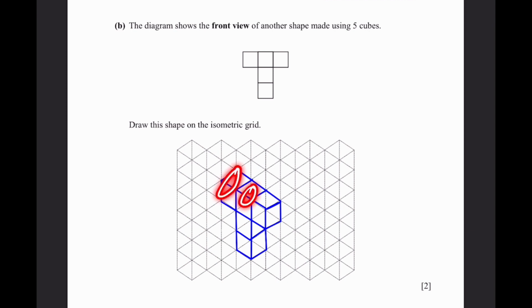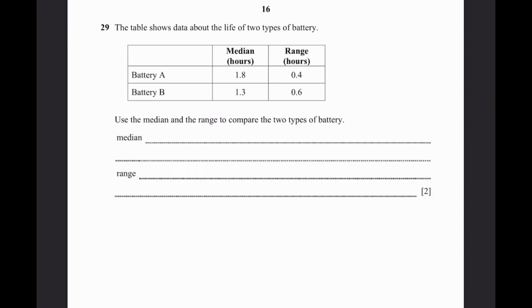We can see over here 1, 2, 3, 4, 5 cubes, and the shape, as said in the question, is made using 5 cubes. If we find the front view, which is like this, it actually does look like a miniature T. That's the answer.